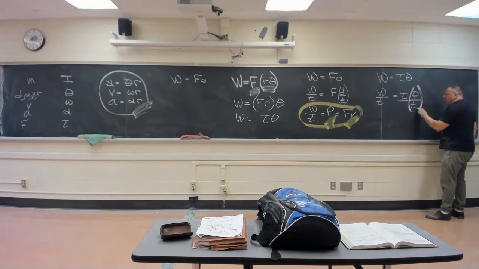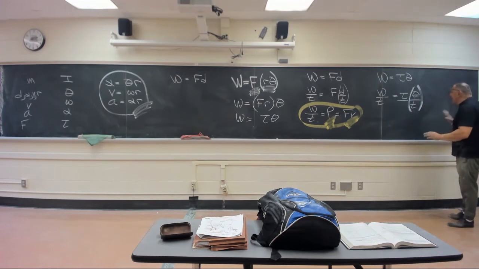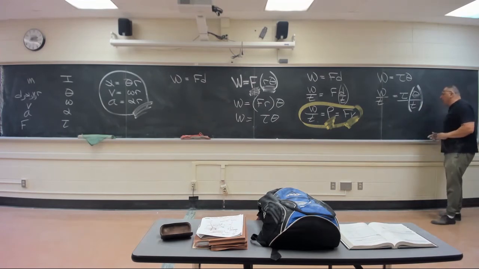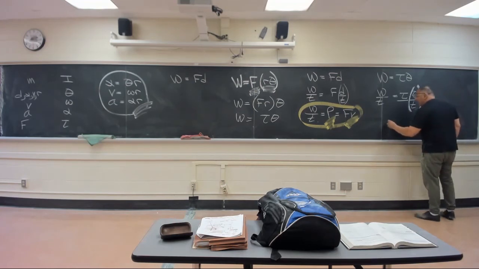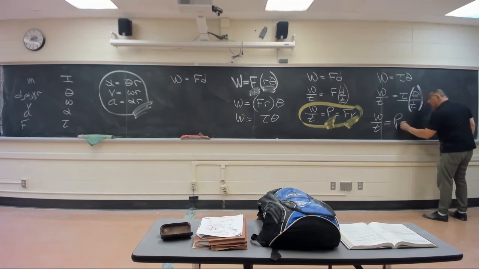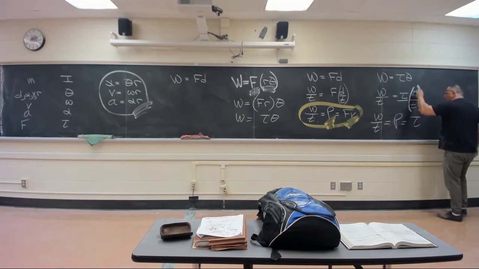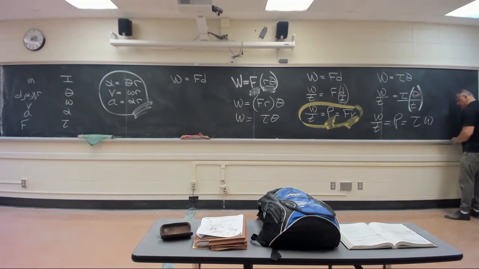The rate at which an angle is increasing or decreasing. Let's say it's just displacement, so we're just going to say it's increasing in some sense. It's going somewhere. The rate at which an angle is changing in relation to time, theta divided by t, is omega. Work divided by time is power.